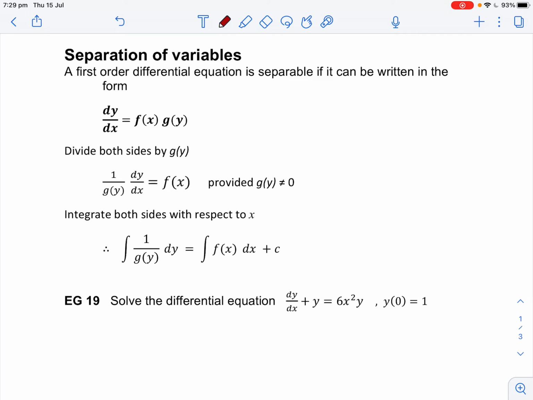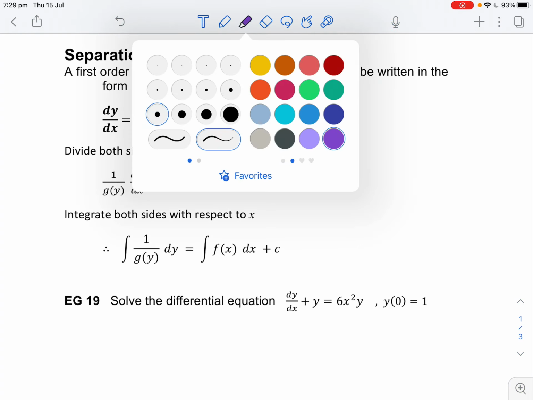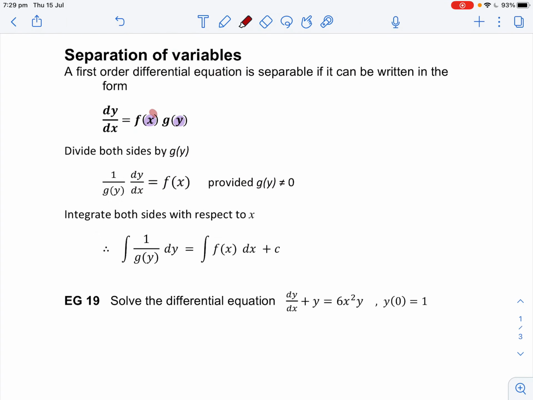So what we're looking at here is solving differential equations when I have both an x and a y in my expression. It's actually quite easy to do when we manage to completely separate our x parts and our y parts.